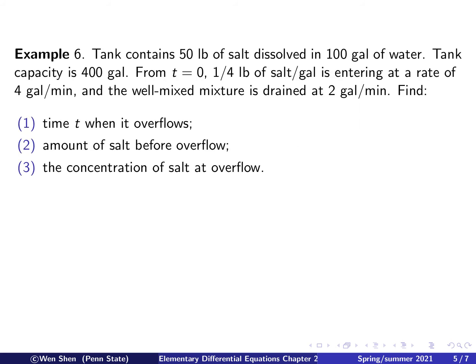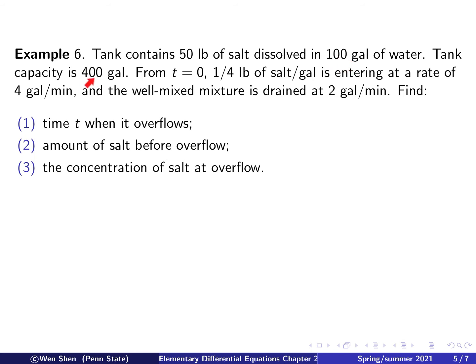Okay, let's look at our next example. It's the same setup, except we have different numbers and a slightly different scenario. We have a tank which has 50 pounds of salt dissolved in 100 gallons of water.